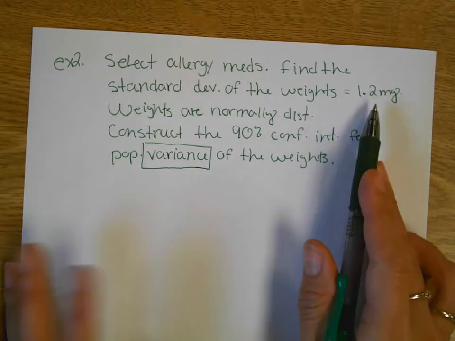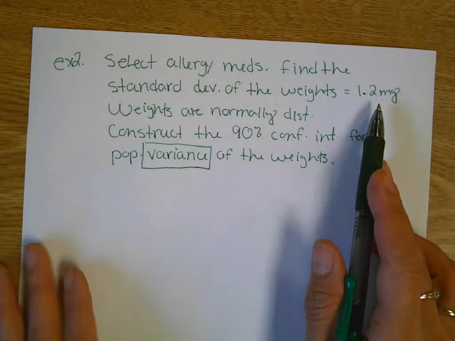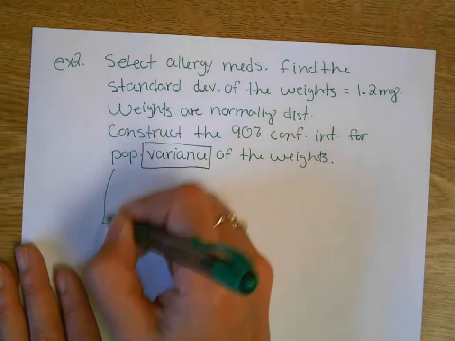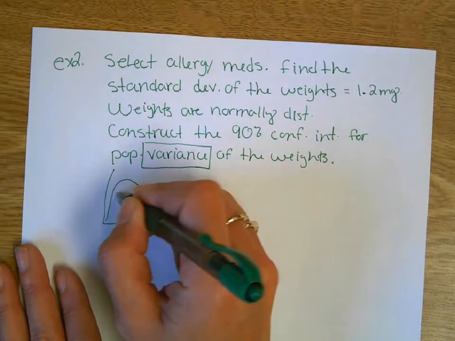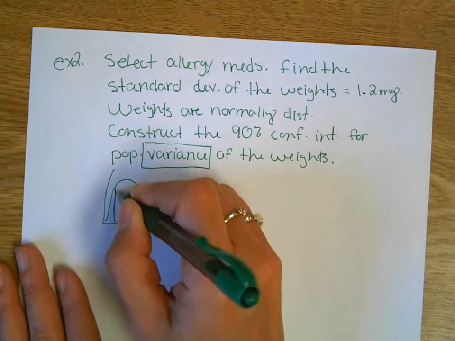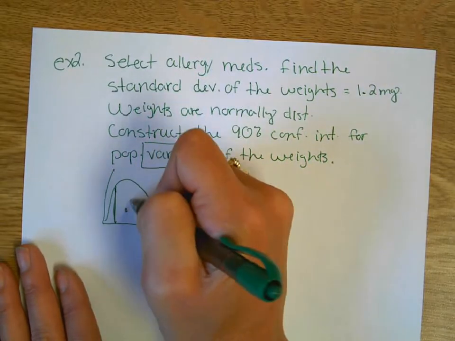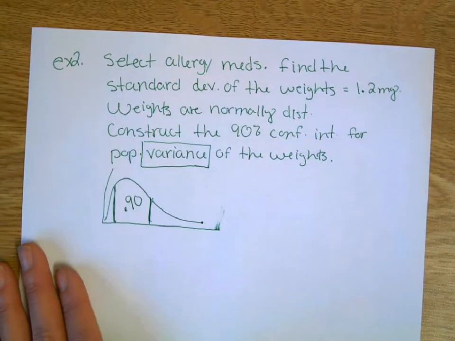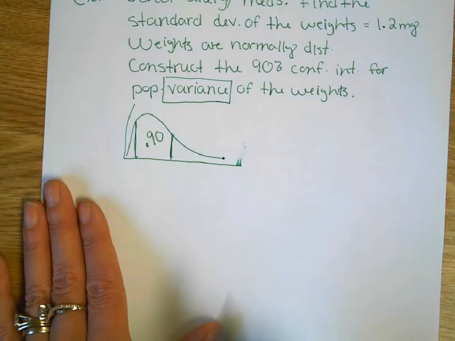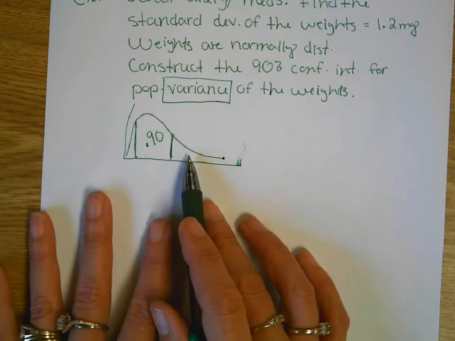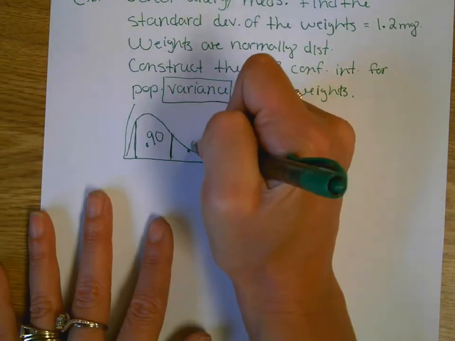But the hard part is finding chi-squared values. Then you plug in. So if we make the little sketch for the chi-squared values for variance, we've got 90% confidence. So you've got to figure out how much area is in the right-hand tail piece. 0.05.